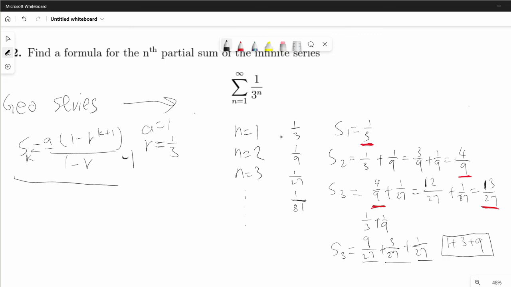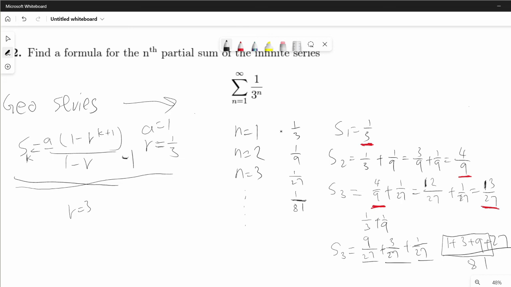As in, if you have S4, the next one would be plus 27, and the whole thing would be over 81, right? And then now we can use the geometric series summation again, except this time r equal to 3, right? And then we have a still is 1.